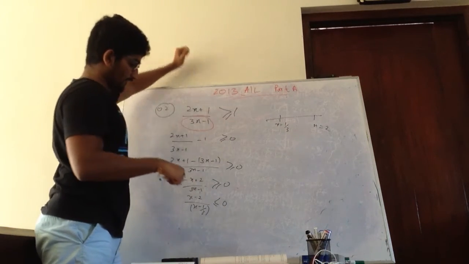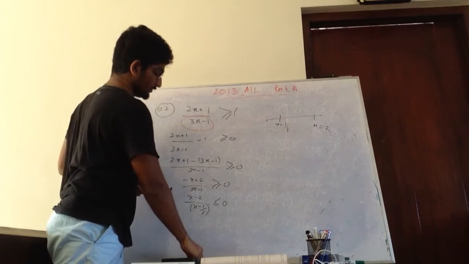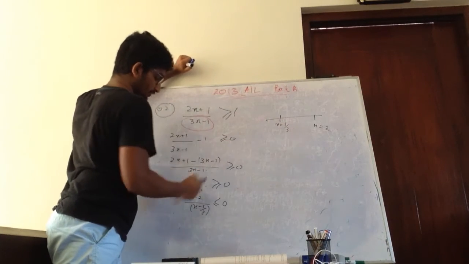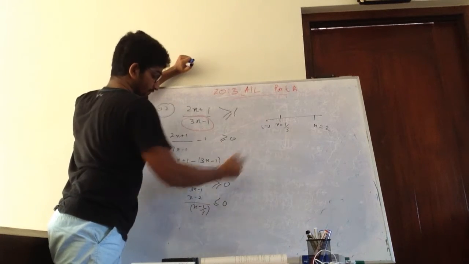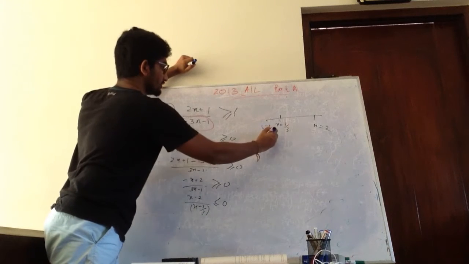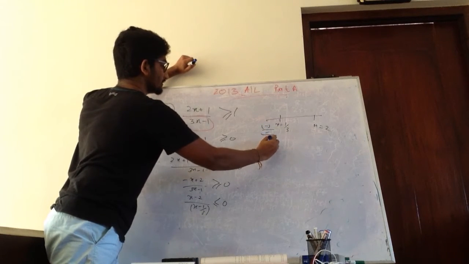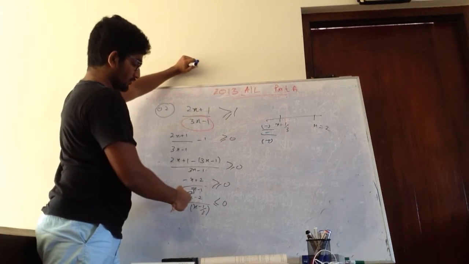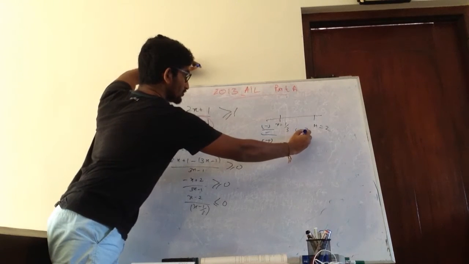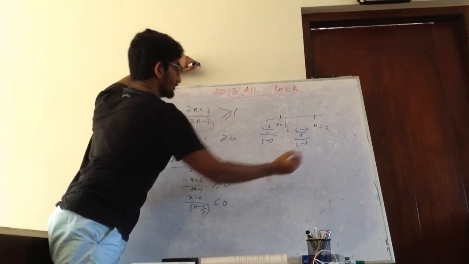So now here when it's, let's say, 0, this is going to be minus. This is going to be minus. That means this is going to be plus. So let's say about 1, this is going to be minus, this is going to be plus, so this is going to be minus.